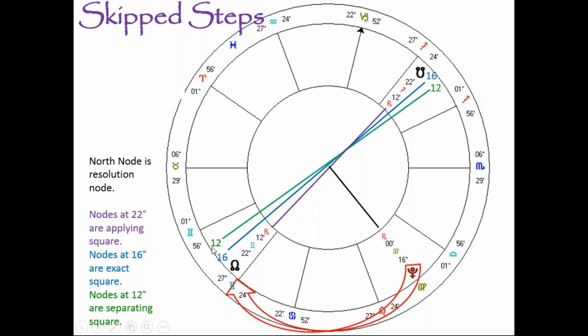If it is separating squares, it means there could be a prior life of that planet square the nodes, and we've been working on it already, and it can be a little easier to learn how to go into resolving those skip steps, okay?